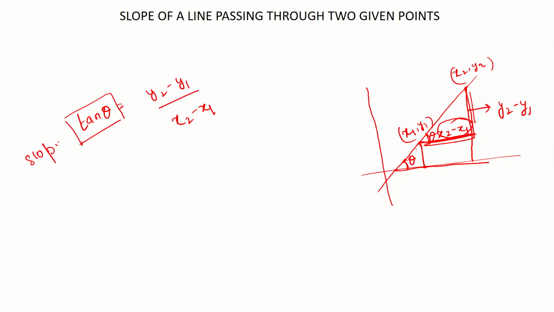So we have found out the slope of the line in terms of the points x1, y1, x2, and y2. This is the formula that you need to remember, and we'll be using it in almost every question. So for two given points x1, y1, and x2, y2, the slope of the line is given by y2 minus y1 by x2 minus x1.